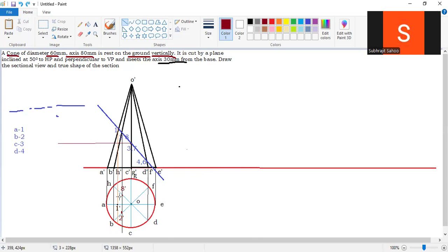But in the other cases, this is the generator and this is the projection line, and they do not coincide with each other. But in this particular case, it coincides. So, sir, let it keep to last.